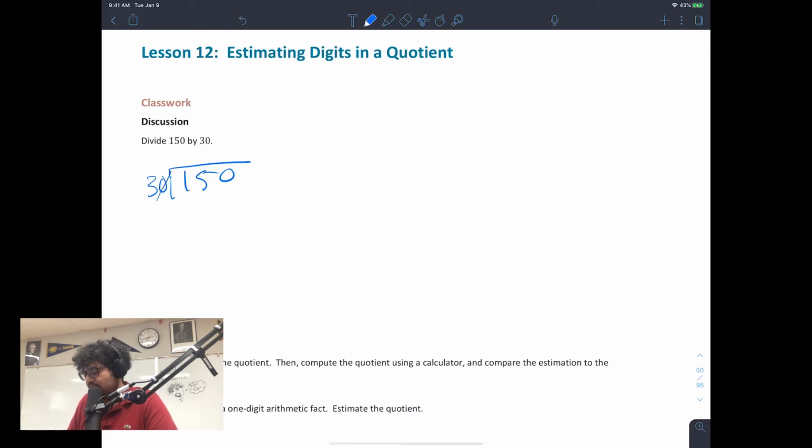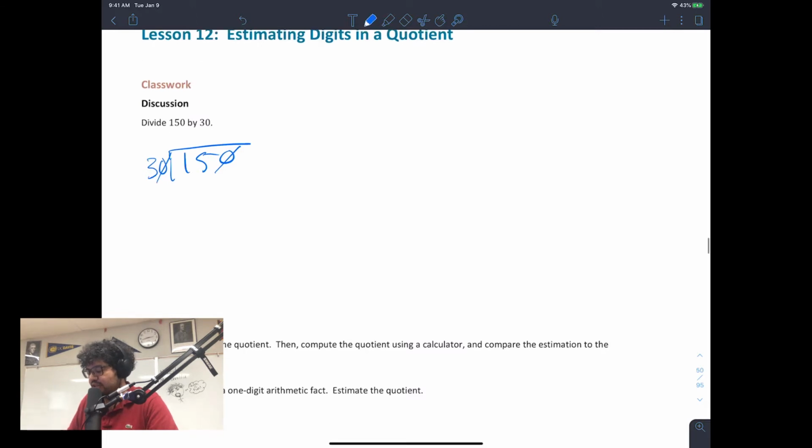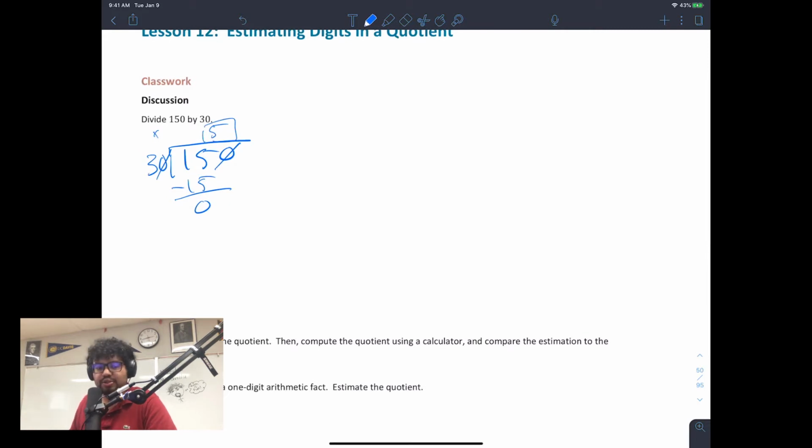So we can eliminate this 0, and we can eliminate that 0. Now we only have a 3 and a 15. How many times can you fit the 3 into the 15? The answer is 5. 5 times 3 gives you 15. Take away 15, and your answer is 0. So there you have it. Your answer is 5.